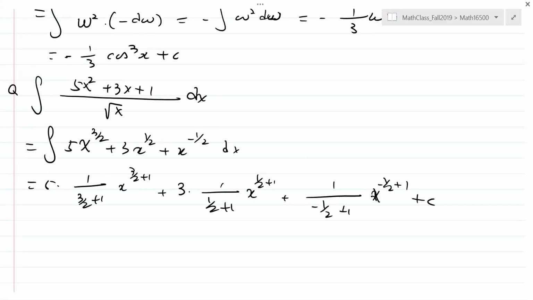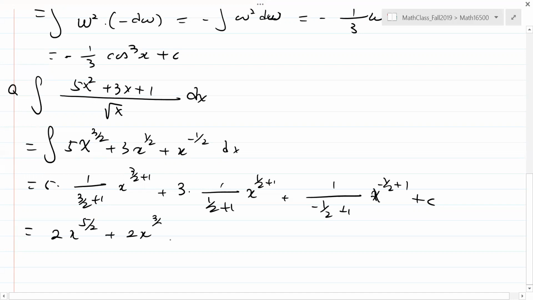After you simplify, just be careful. The 5 is cancelled out actually. So the answer is going to be 2x to the 5/2, and also 2x to the 3/2, and plus 2x to the 1/2, plus a constant.